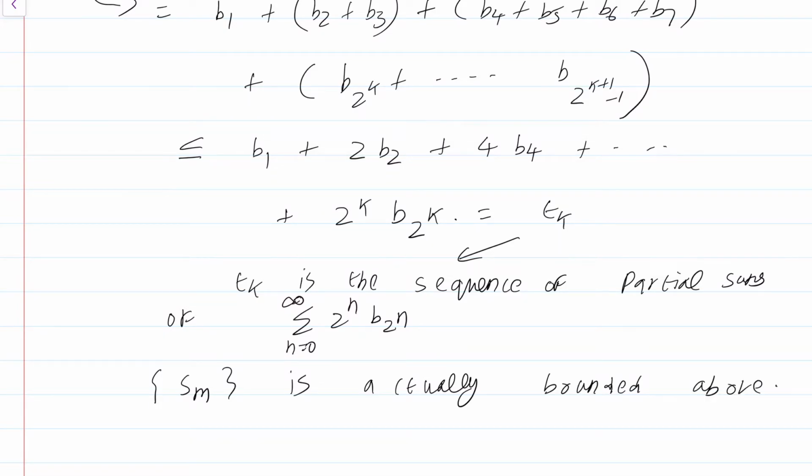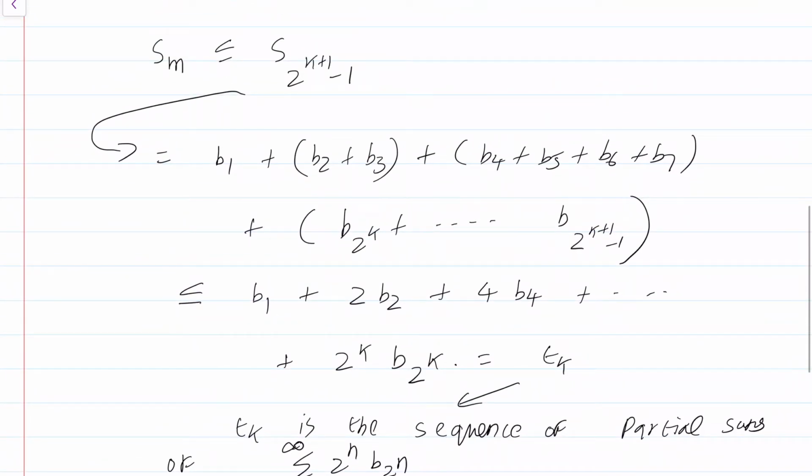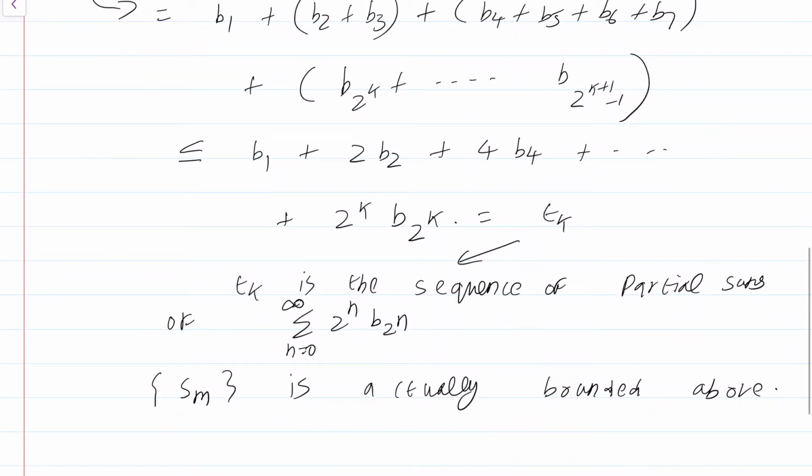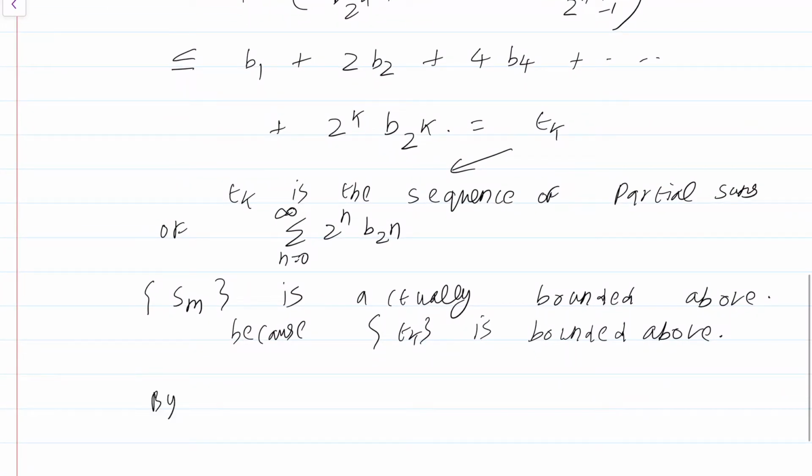Because if you take the mth term where m is less than or equal to 2 power k plus 1 minus 1, Sm is in fact less than or equal to tk. Therefore, the sequence Sm is bounded above because tk is bounded above. Why is tk bounded above? Simply because the sequence tk converges. That's the hypothesis. Therefore, Sm is bounded above. By monotone convergence theorem, we are done.